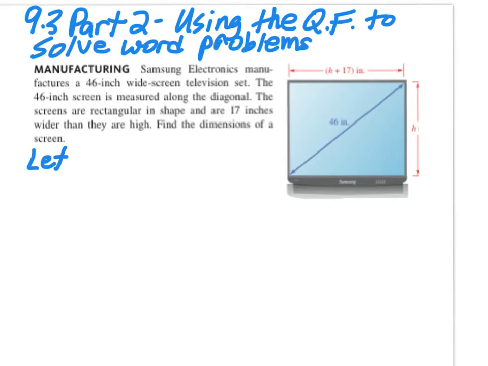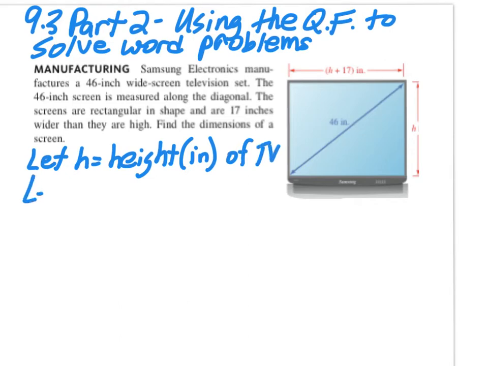Let h equal the height, in inches, of the TV, and let h plus 17 equal the width in inches of the TV.